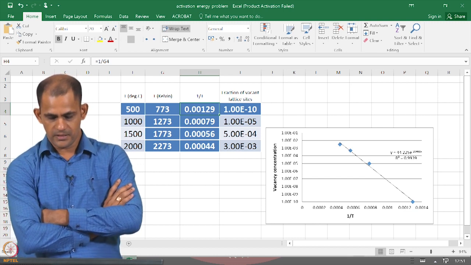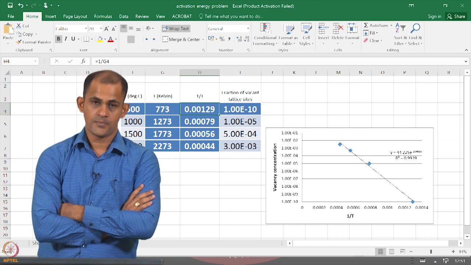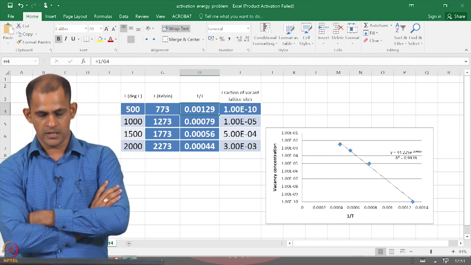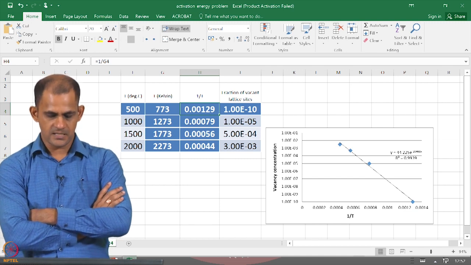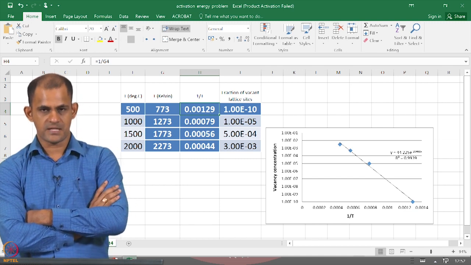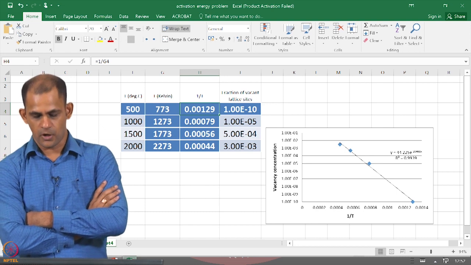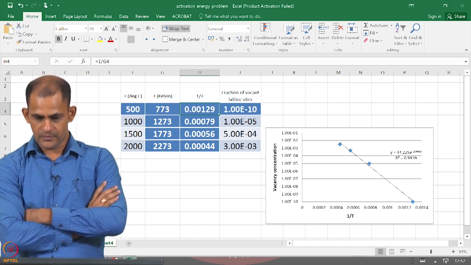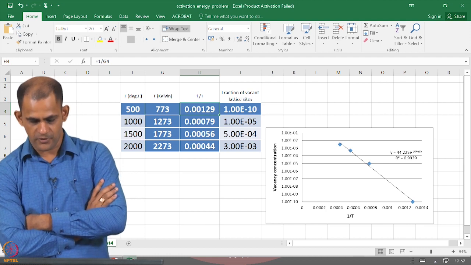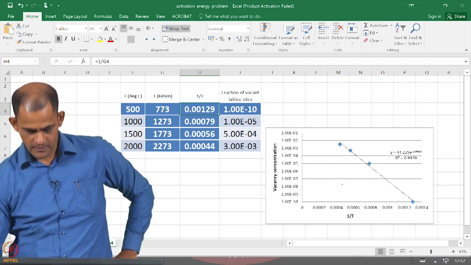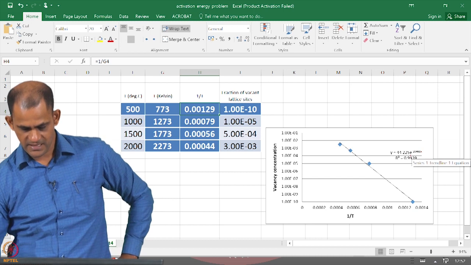When you plot the natural logarithm of the vacancy concentration versus the inverse temperature, you will get a linear plot, and the fit for this data is given by the following equation. You have the y axis as a function of x with a constant involved.